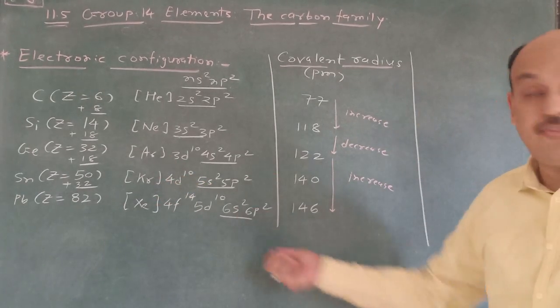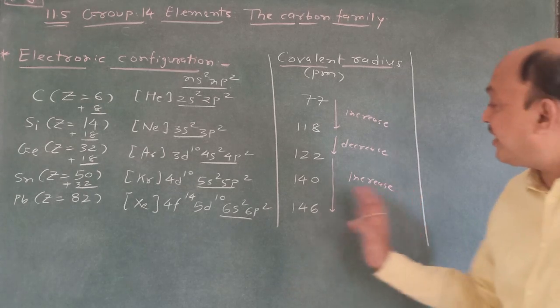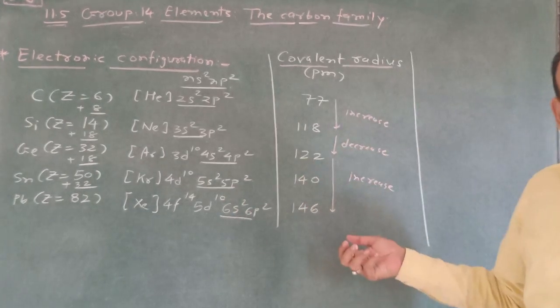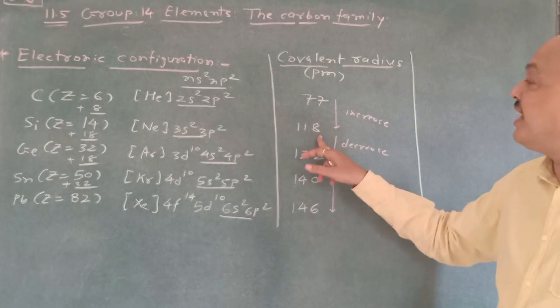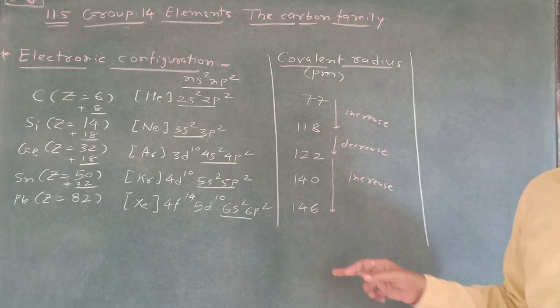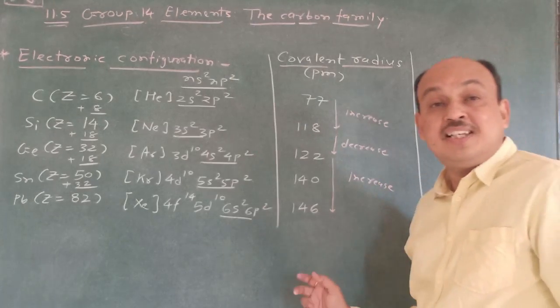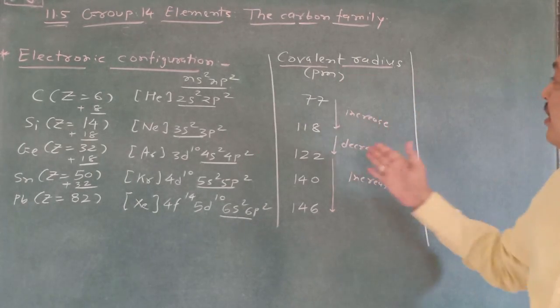They are completely filled, and that's why they are attracted towards the nucleus, and due to that the covalent radius once again increases. But here it decreases due to which factor? There is no d orbital present. So this is all about covalent radius.